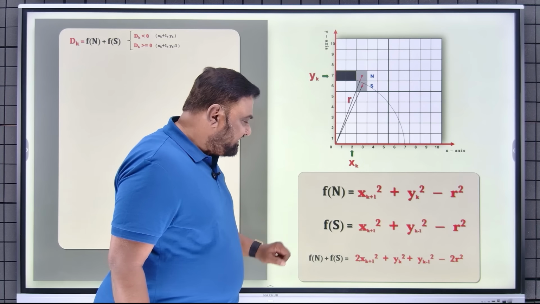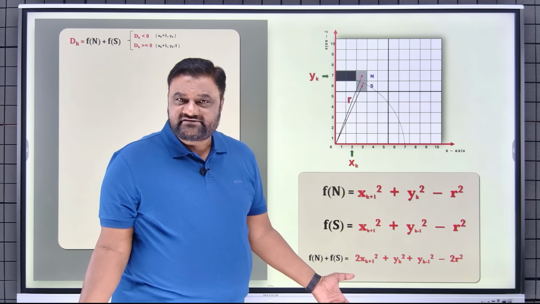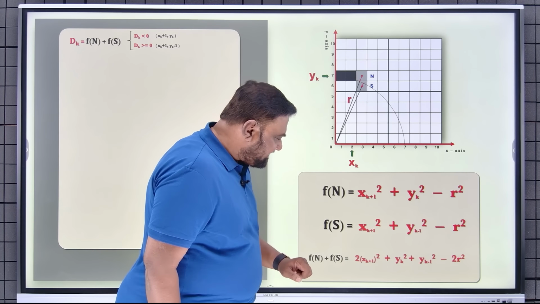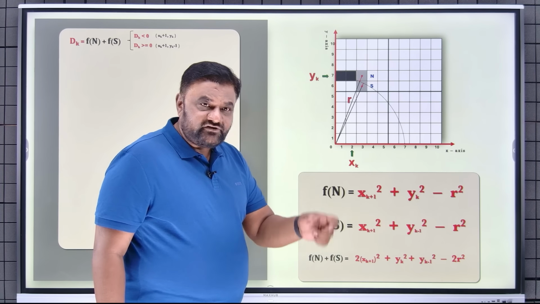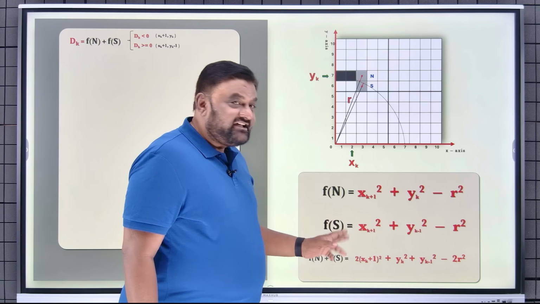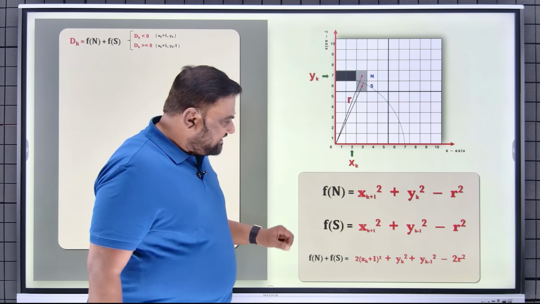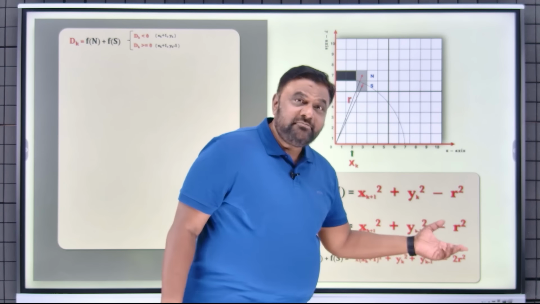Now we know well that xk plus 1, x always increments. So I'll put it in a bracket, xk plus 1 with subscript, and say xk plus 1 whole square. Then what about yk? This is the same. Now this is yk minus 1.